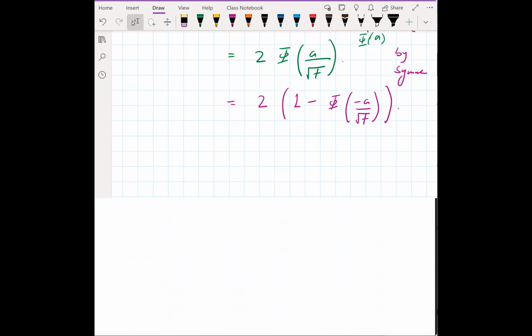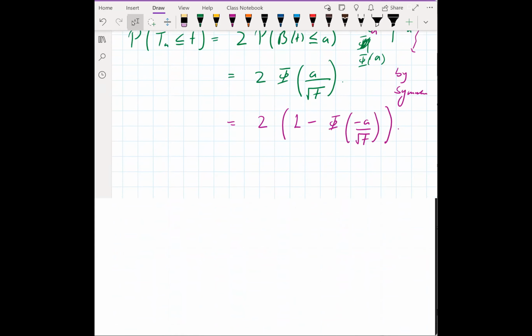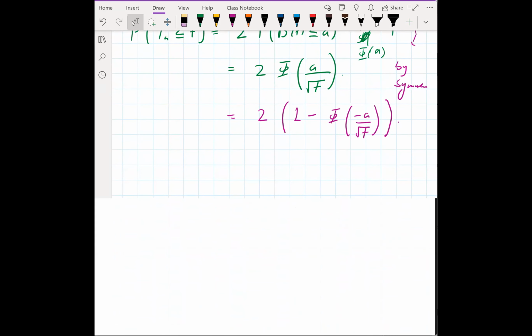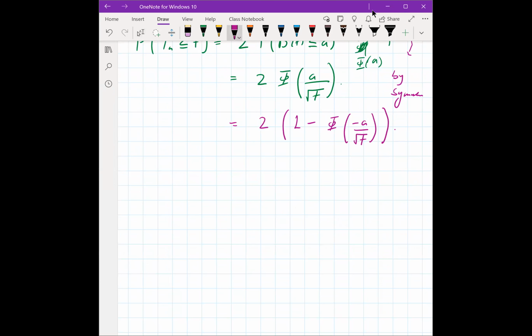So therefore, what I have found is that the CDF, which I write like this, the CDF of hitting time is equal to 2 times 1 minus phi.